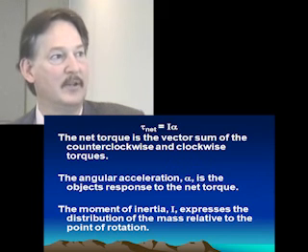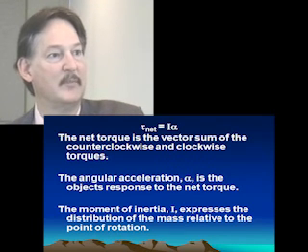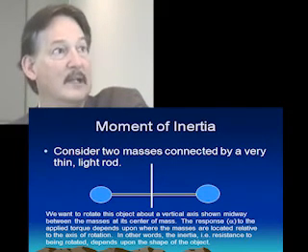Now we need to talk a little bit about the moment of inertia, because that relates to how the mass is located relative to the point at which we're rotating about. So let's start with a model of two masses, shown here, connected by a thin light rod.